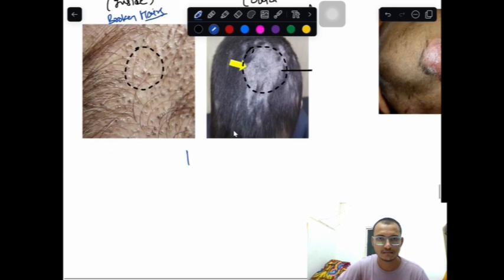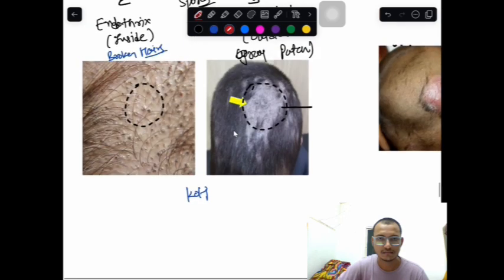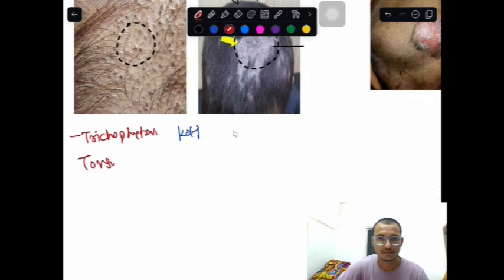If we do a KOH mount, what can we see? We can see the species. Which species? We have to remember. If they are endothrix, they are involved in the skin, all three: Trichophyton tonsurans and or violaceum.